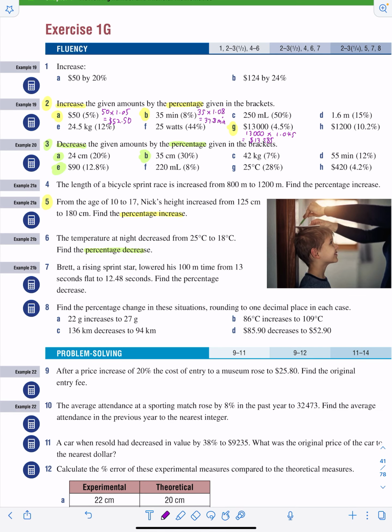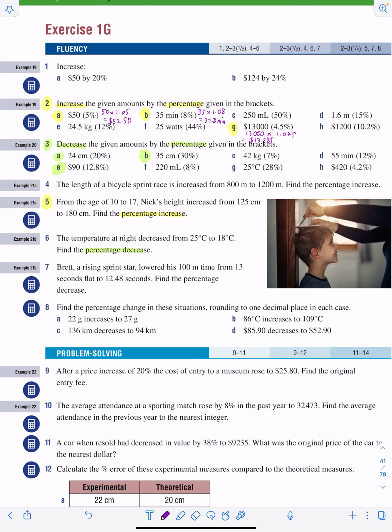Okay, so we've increased by 5%, by 8%, and by 4.5%. Now with question 5, it's a percentage increase question. Nick has become taller. He used to be 125 centimetres tall, and now he's 180 centimetres tall.